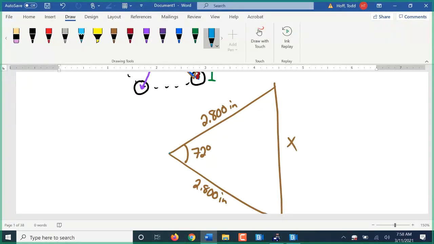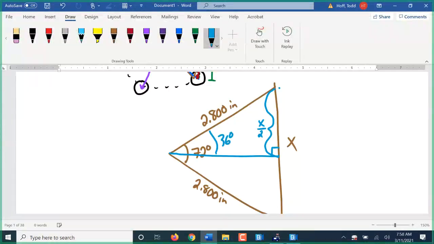Well, I can cut this like this from that 72 degree vertex to the opposite side. Since this is an isosceles triangle, if I draw that at a right angle, I know that cuts this side here in half. So this is actually x over 2, or 1/2 of x. It also cuts our angle in half.